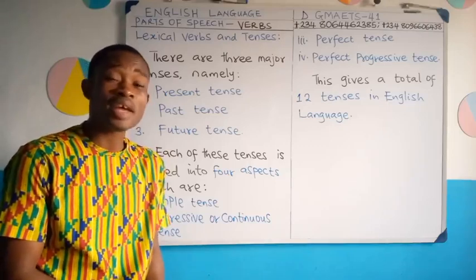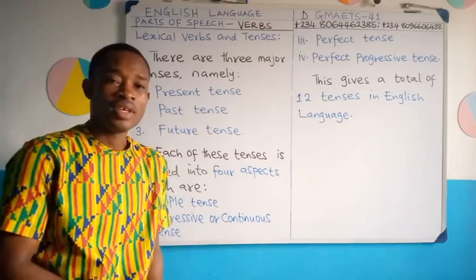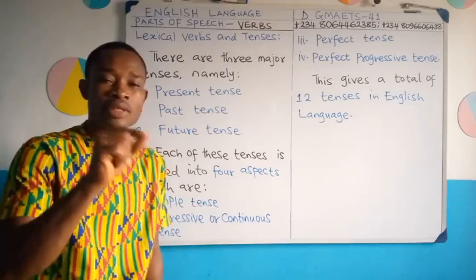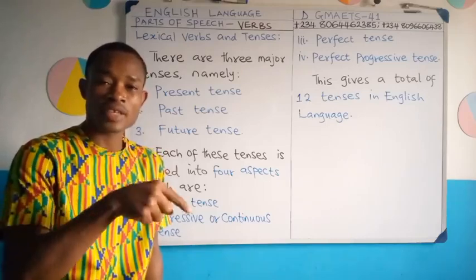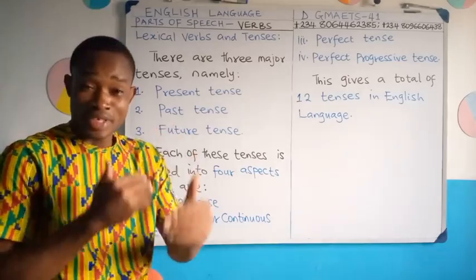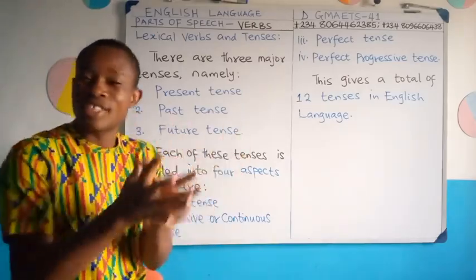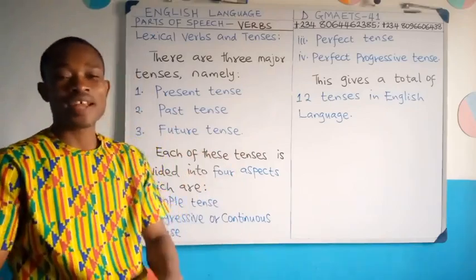But remember, I started by saying major. Major tenses, there are three. It is these three tenses in English: present tense, past tense, and future tense, that now gave birth to the other ones which make everything 12. Let us see how they are divided.